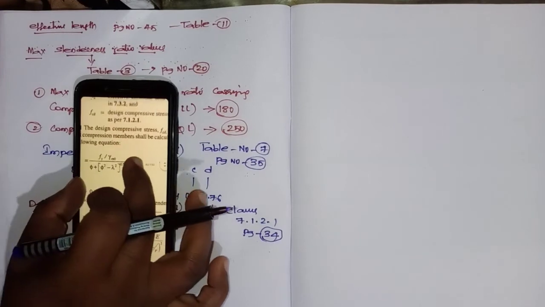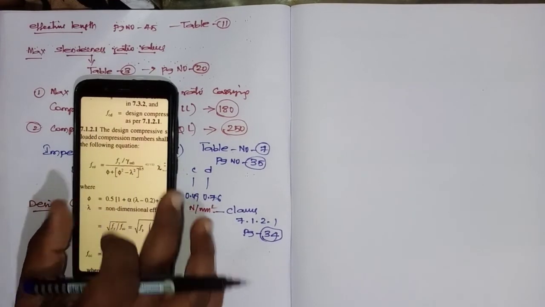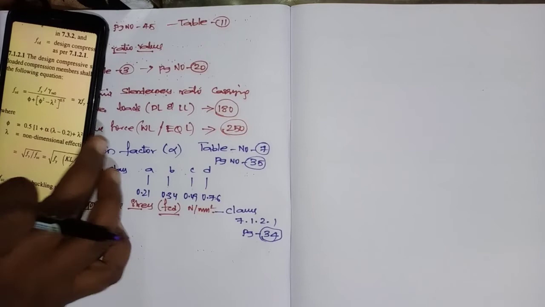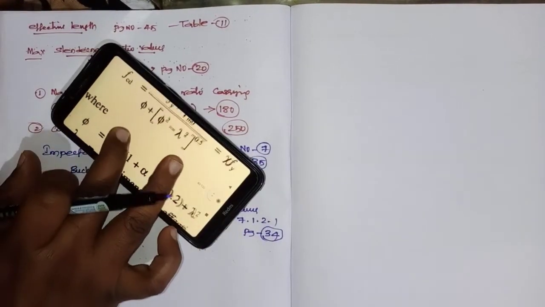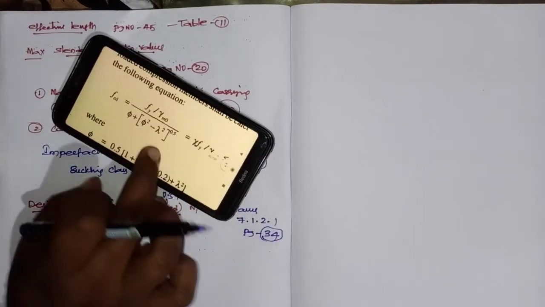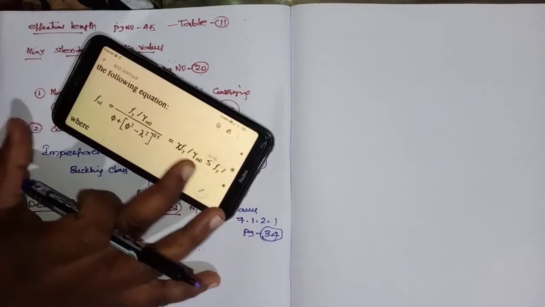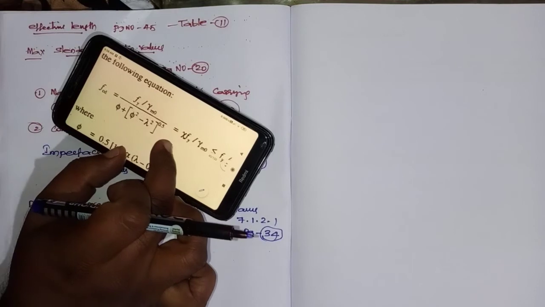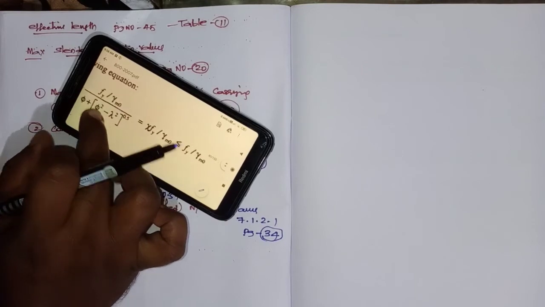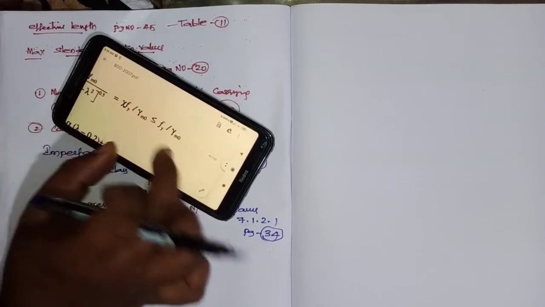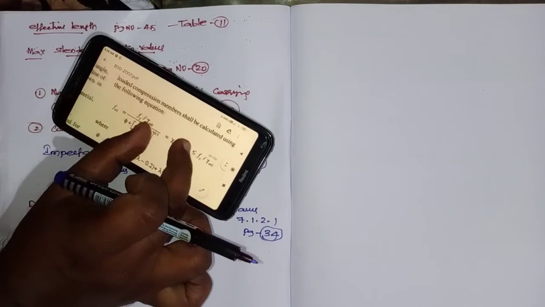If you see this equation, it is a very big equation. FCD equals fy by gamma m0 by phi plus square root of phi square minus lambda square, to the power of 0.5. Like that, you have this much of a big formula, right?